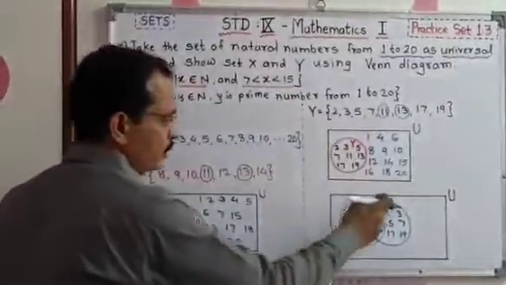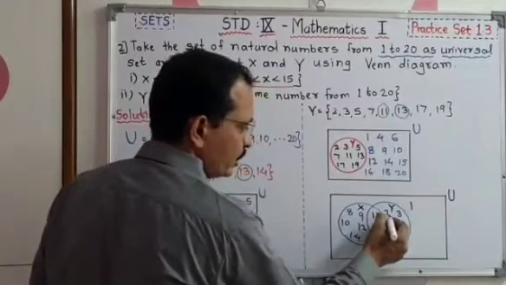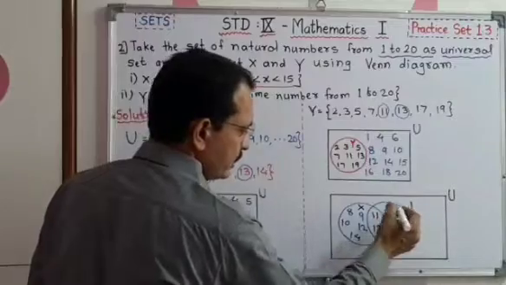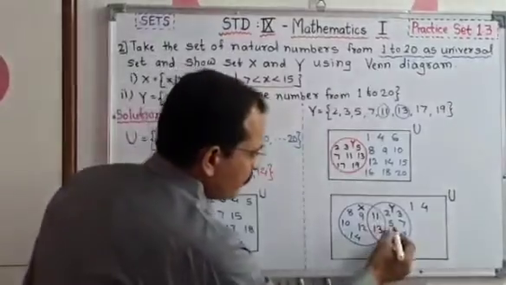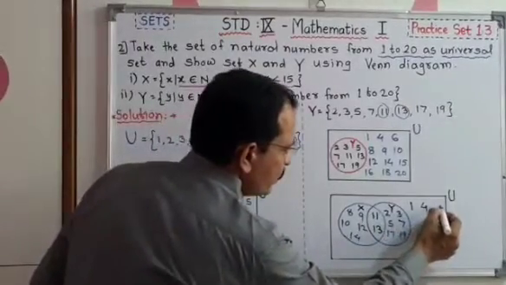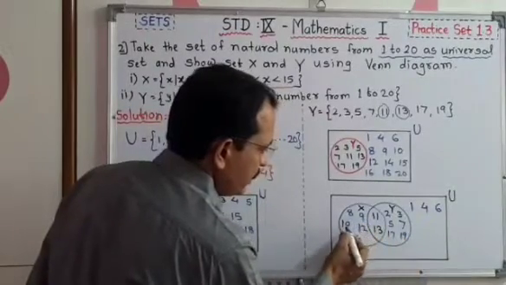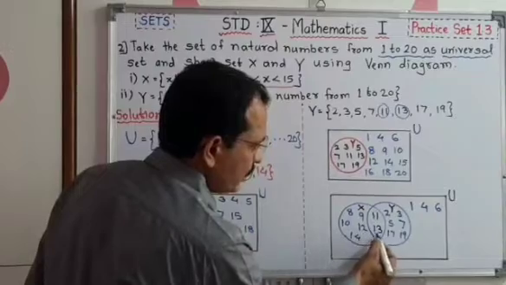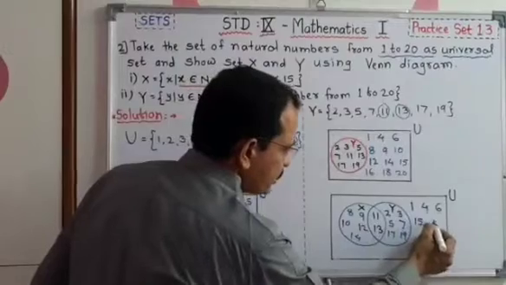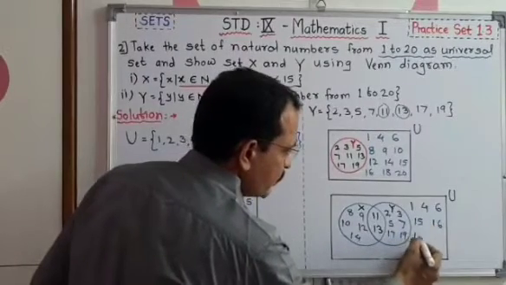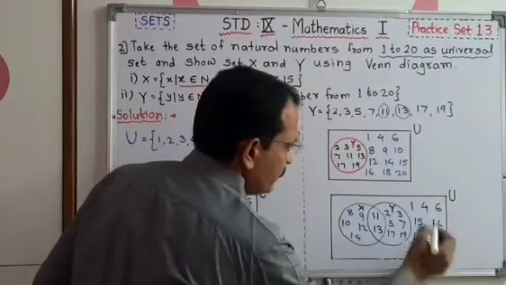Now we have to write the rest of the elements from the universal set. Here, if we observe, 1 we write, then we do not have to write 2, then 3 is there, then 4 is not there, therefore we write 4 here. After that 5 is there, 6 is not, therefore we write 6 here, 7 is there, then 8, 9, 10, 11, 12, 13, 14. 15 is not there, we write 15, 16, 17 is there, we write 18, then 19 is there and we write 20.